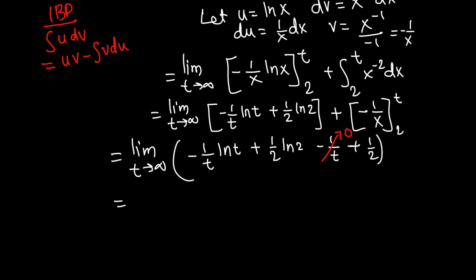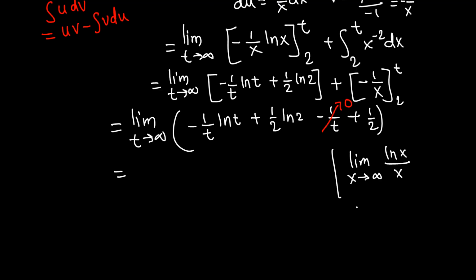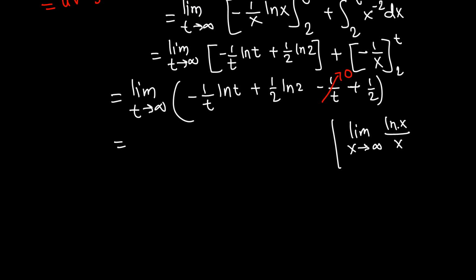Let me do this separately. It's not that easy, so let me do it without the negative sign. We know the limit of natural log of x over x as x goes to infinity is infinity over infinity, an indeterminate form.